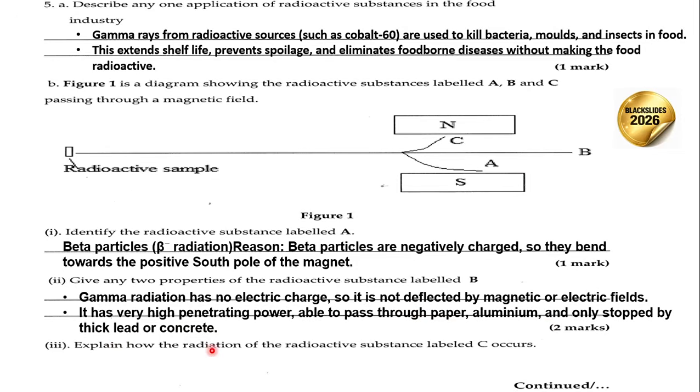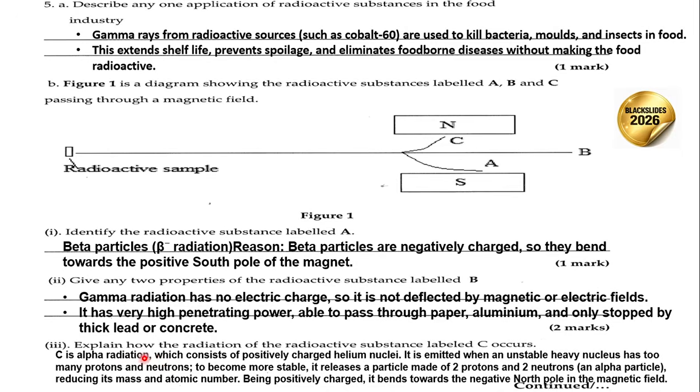Explain how the radiation of the radioactive substance labeled C occurs. First of all, identify what C is. C is alpha, which consists of positively charged helium nuclei, emitted when an unstable heavy nucleus has too many protons and neutrons to be stable, so it releases an alpha particle.